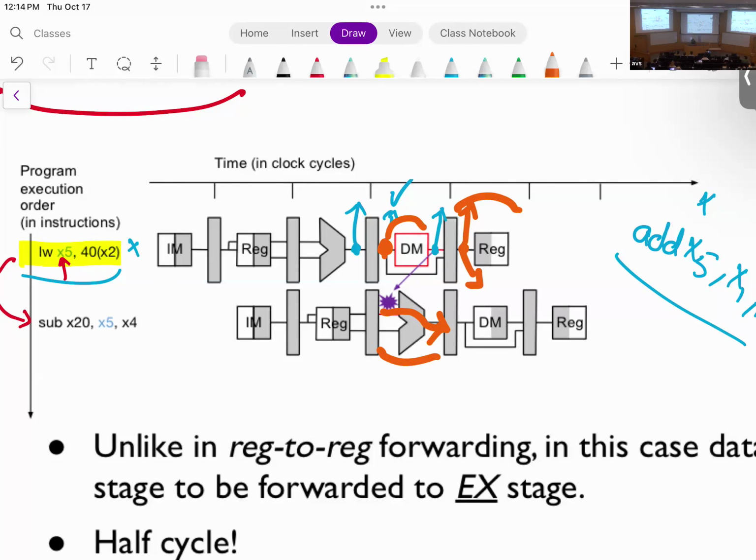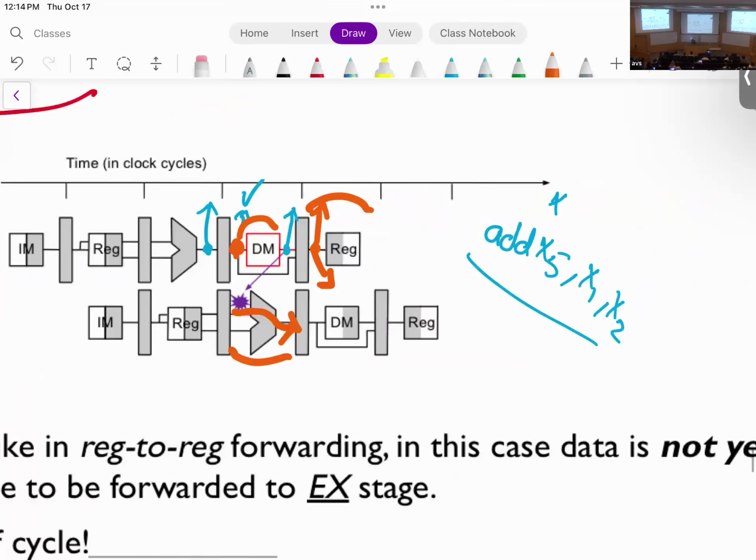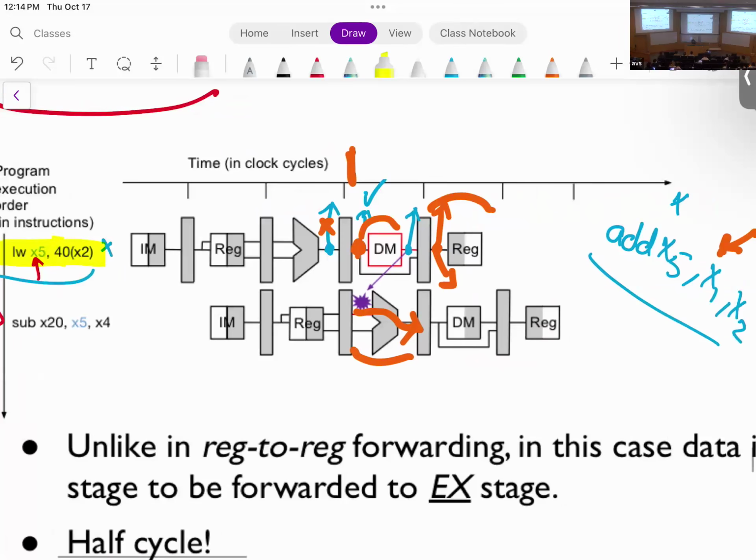So we are kind of back to the problem that we had without forwarding, where the value is available at later stages, but we want to use it at earlier stages. And again, the reason that we have this for memory and don't have it for something like add is that add is available at the beginning of the memory stage, versus this instruction, which is available at the end of the memory stage.